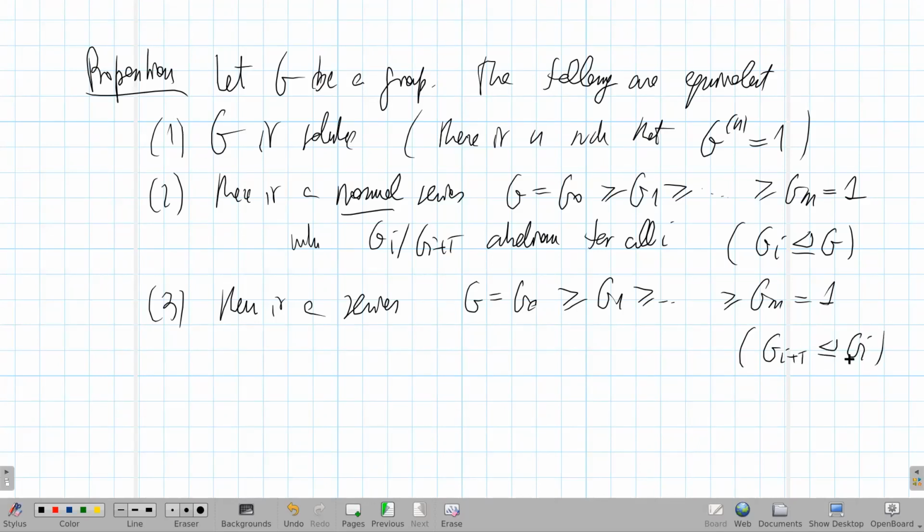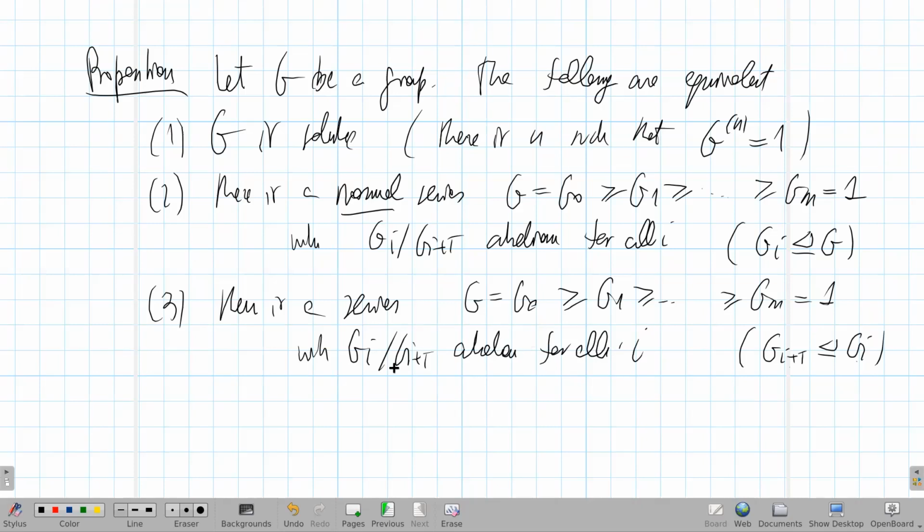I'm going from the top to the bottom, from the whole group to the trivial subgroup, so the higher index denotes a smaller subgroup. G naught contains G1, G1 contains G2, and so on. We just ask that each is normal in the previous one, which is enough to say that the quotients are abelian.